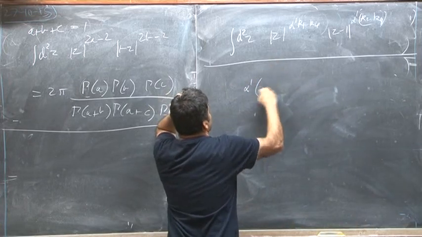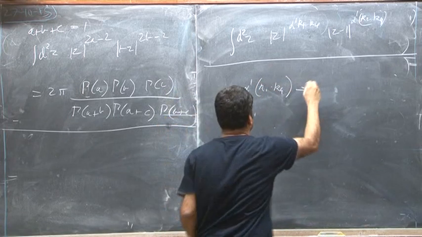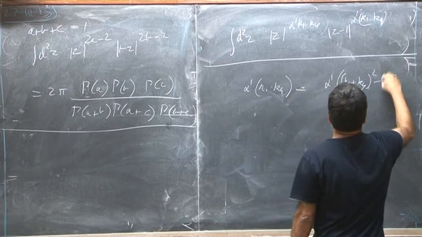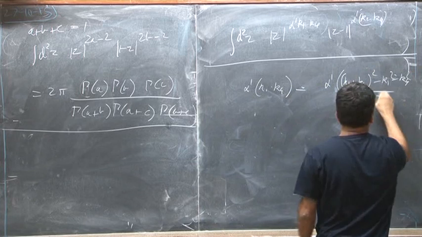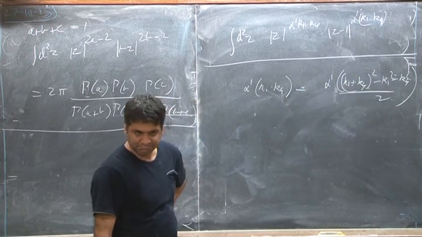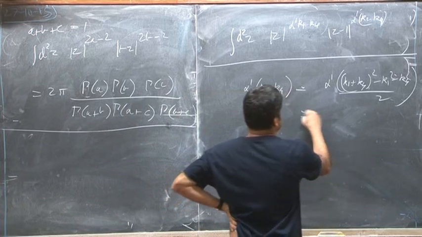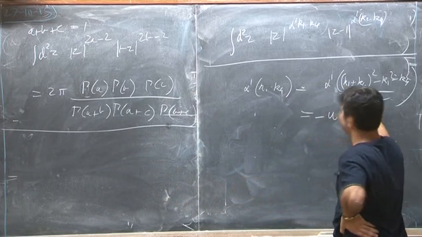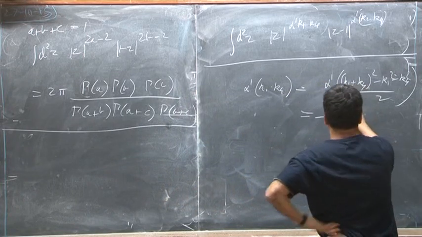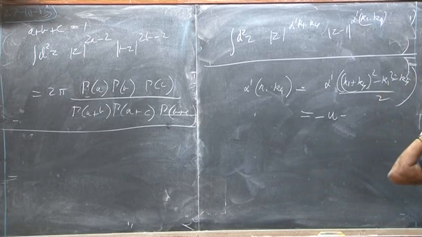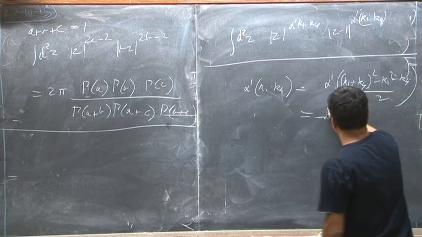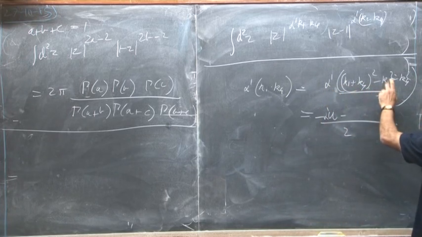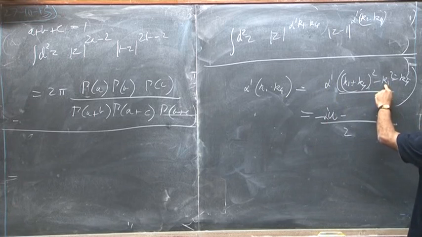So alpha prime k1 dot k4 is equal to alpha prime times k1 plus k4 squared minus k1 squared minus k4 squared, by 2, is equal to minus alpha prime u plus 2, and now this is minus 1/4.